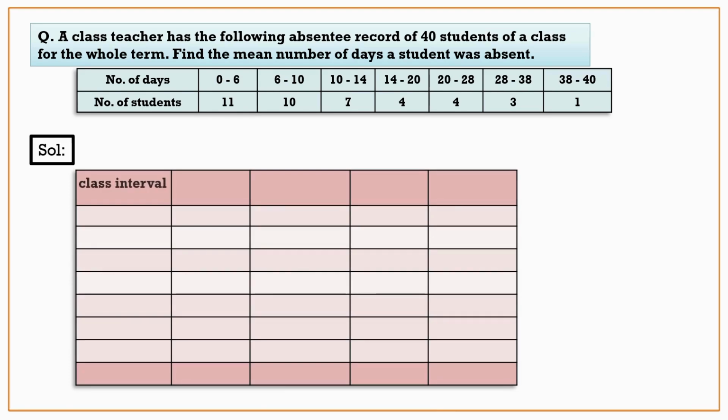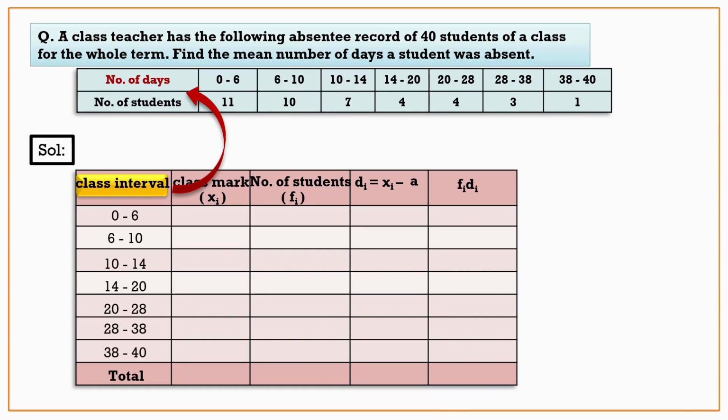So now again we will write the class interval, class mark, that is xi, number of students, that is fi, the frequency. Then di is xi minus a, that is the assumed mean, and finally fi di. Okay. Now class interval we will just copy from the question, and also we will copy the frequency, the number of students, from the question.